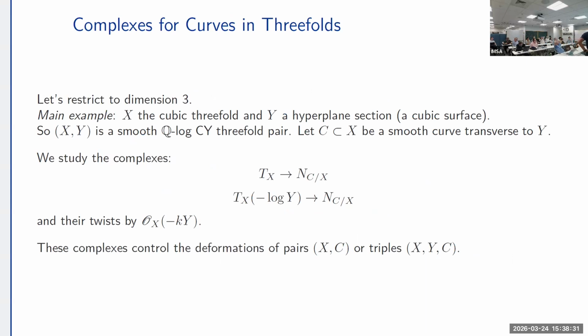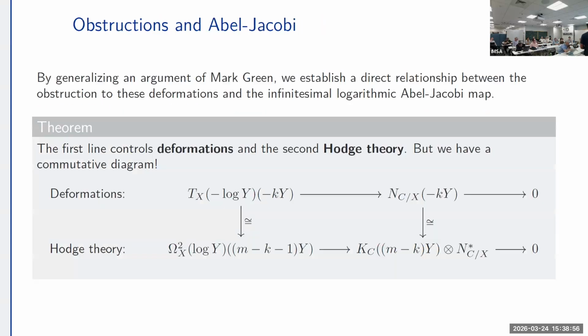One of them is controlling the deformation of the pairs X and C. This is pretty much the setting of pairs in the Clemens conjecture, like he did. And I want to twist. I want to do another complex, but considering the deformations of the pairs. And actually, I'm going to twist this one by O of minus Y.